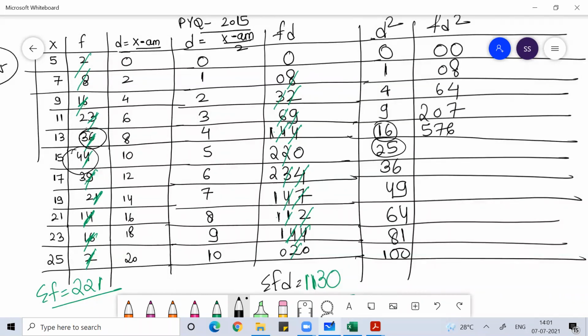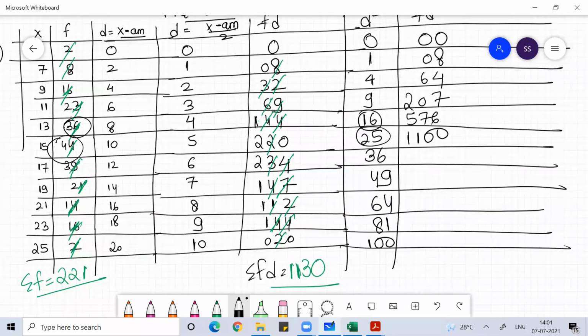44 into 25. 100 by 4, so 44 into 100 by 4. 44 by 4 is 11, 11 into 100, 1100. Then 39 into 36.